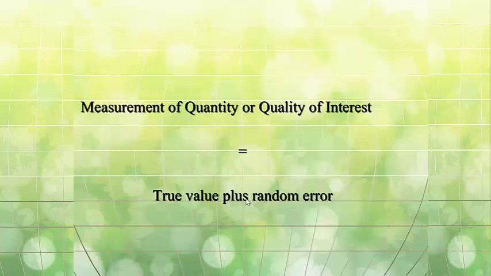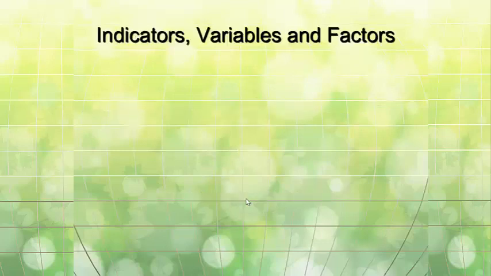Regardless of who is taking the measurement, the same values should be obtained when using an objective measurement procedure. In contrast, subjective measurements often differ from one assessor to the next, even if the same quantity or quality is being measured.